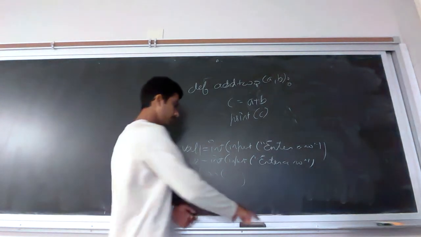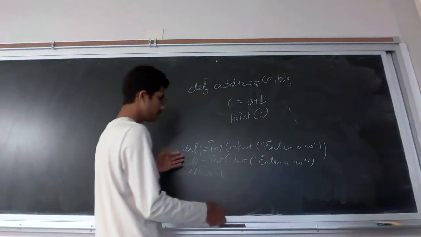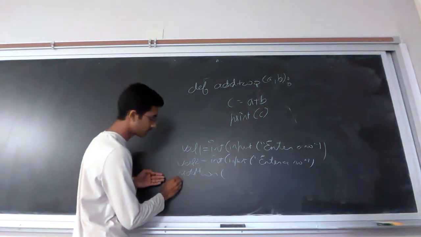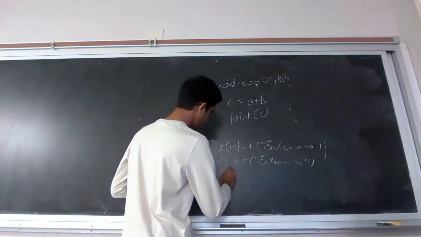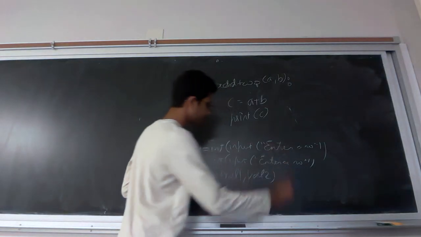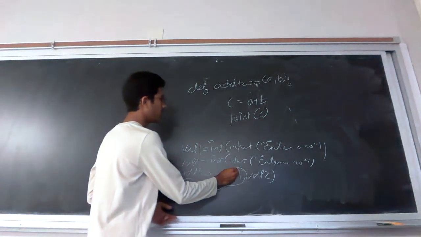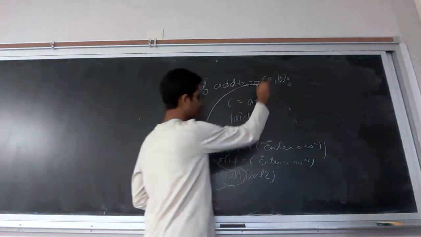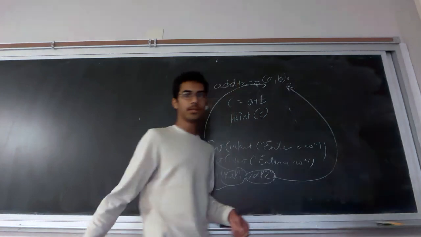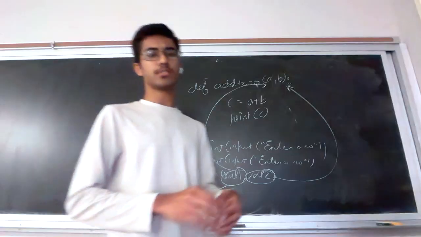Well, to send them these values, we write the names of the values we want to send in the parenthesis where the function call statement is. So I'll write val1 comma val2. So what happens here is the value of val1 is sent to A, and the value of val2 is sent to B. So that's how we would send values to functions.